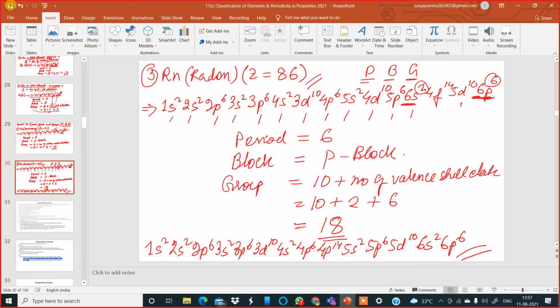This way also you will get the answer. If you write the electronic configuration without following the increasing order of energy, even in this way you will get the correct answer. You will not go wrong.